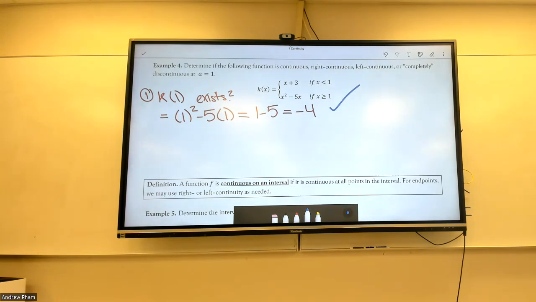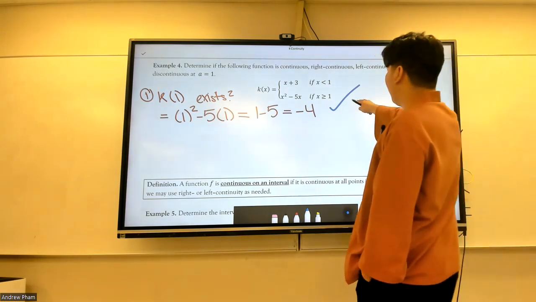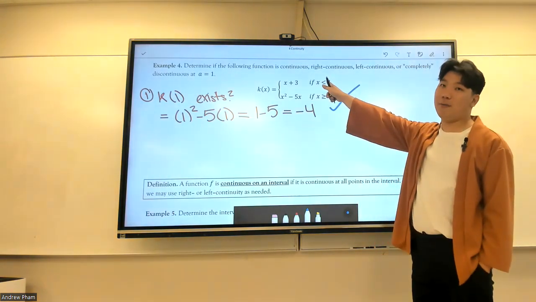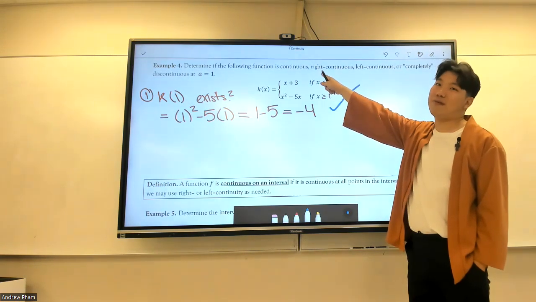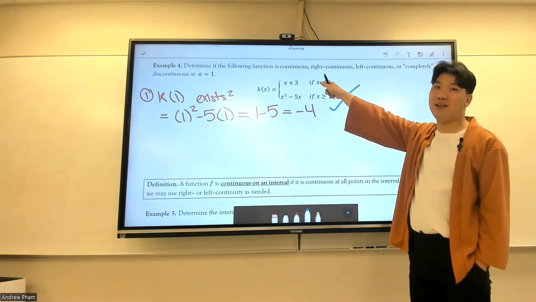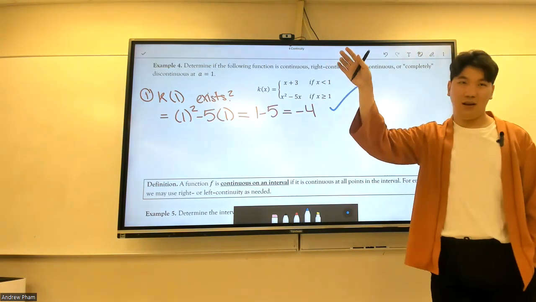Now I have to go ahead and check for the limit. But I can't automatically get the two-handed limit anymore like last time. Because if I look at this piecewise function, when x is less than 1, is that to the left or to the right of 1 for the top? If you're smaller than 1?